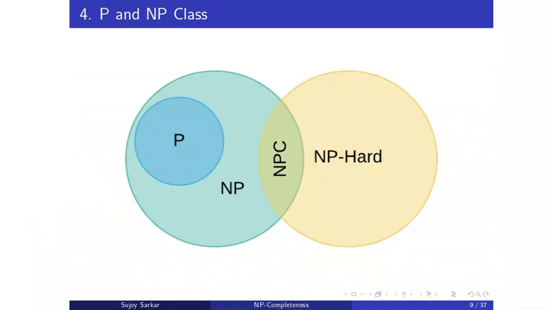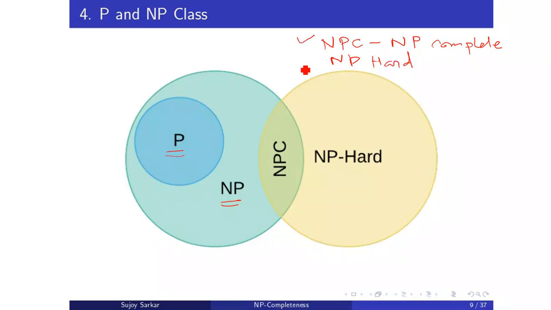Okay, fine. So we'll come to this famous diagram which shows 4 classes of problems. We have class P, that is polynomial; NP, non-deterministic polynomial; NPC, non-deterministic polynomial complete or NP-complete; and we have another class, NP-hard.